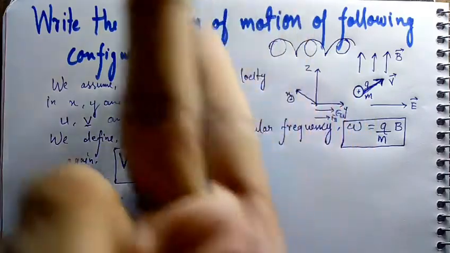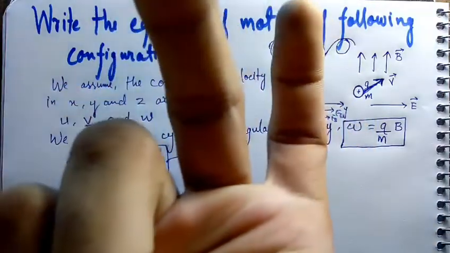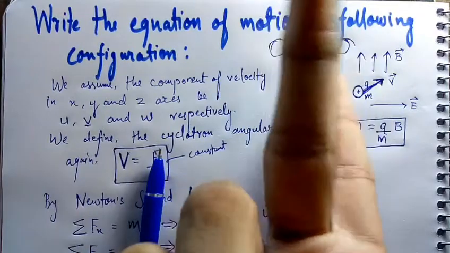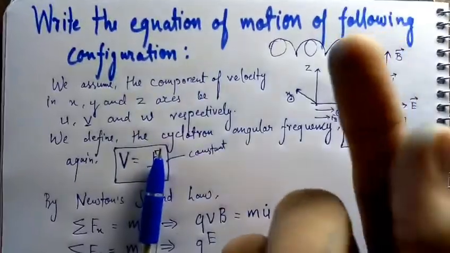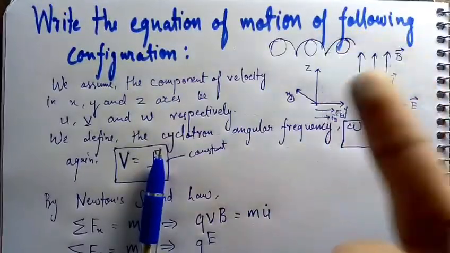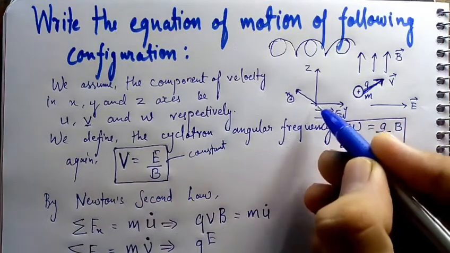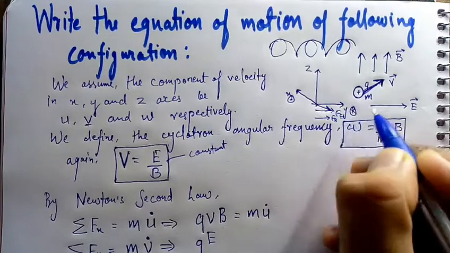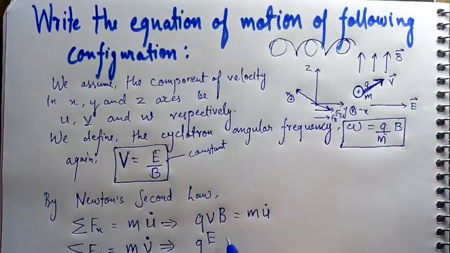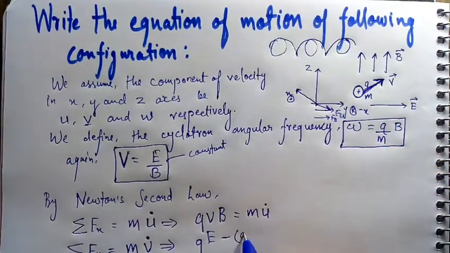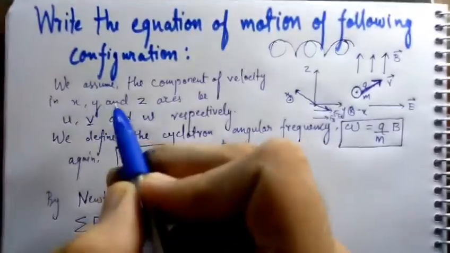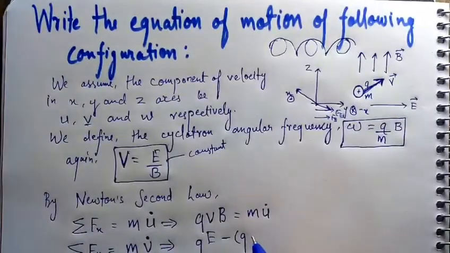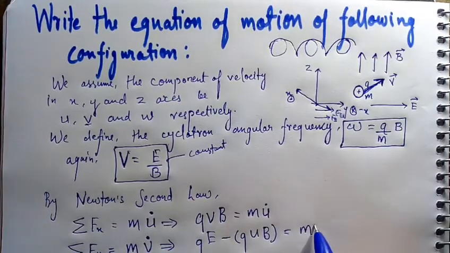As you can see, this force is to the right of me, and now the velocity goes in the negative x direction, that is right into the page, minus x. So it is q, the component of velocity in the x-axis, u, and B. Okay, m v dot.